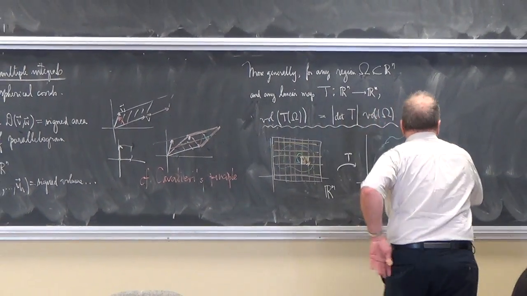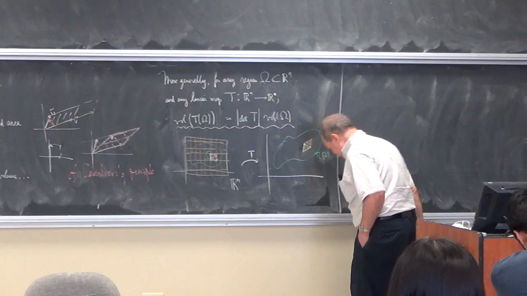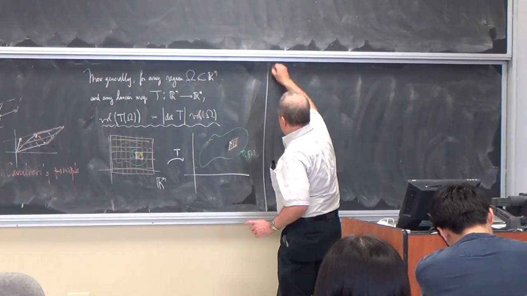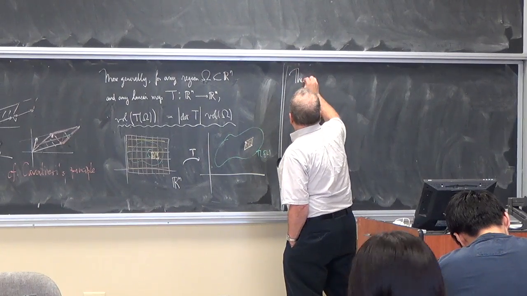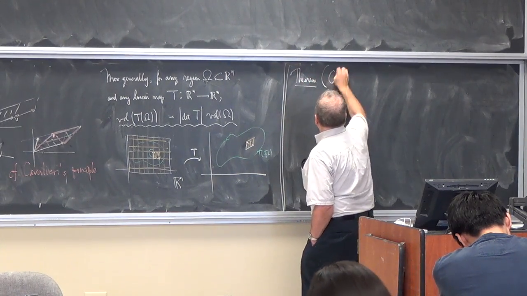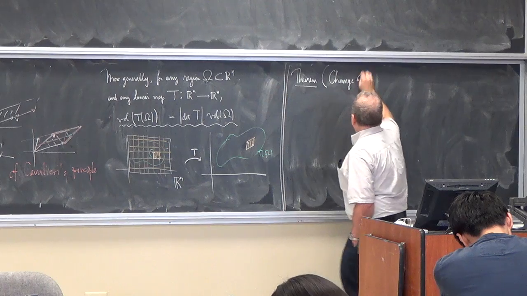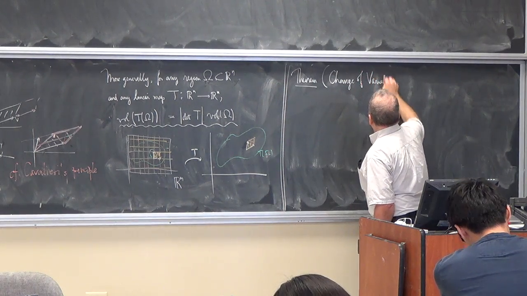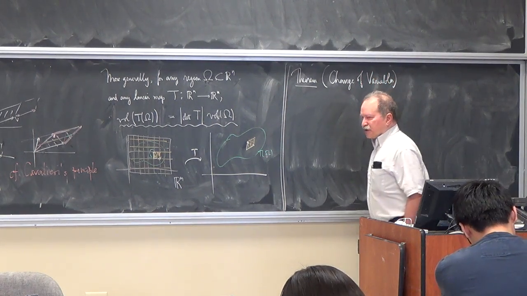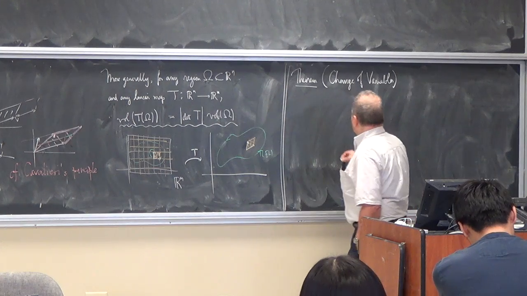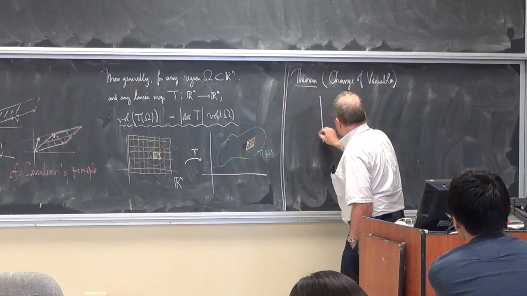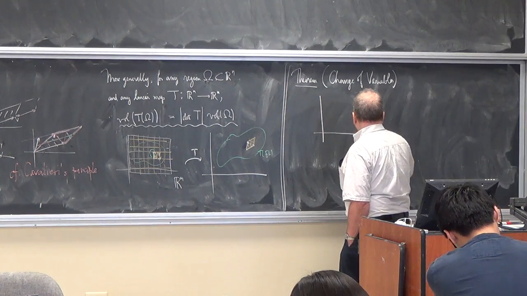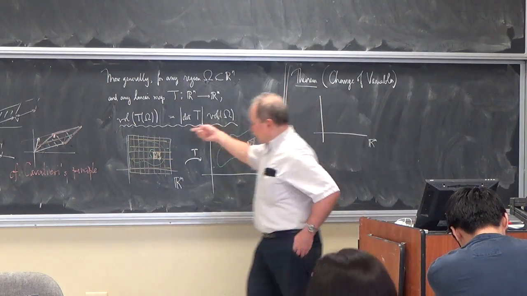So, here's the statement of the theorem. And we're going to spend the rest of today and a good part of Wednesday doing examples. Theorem, change of variables. So here's the setup. You've got a region in Rn, just like I was drawing here.